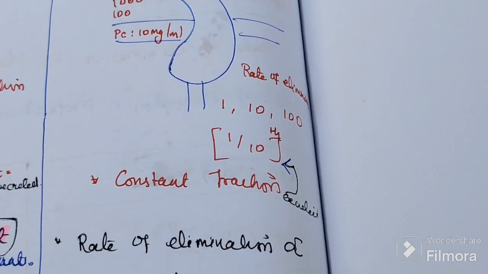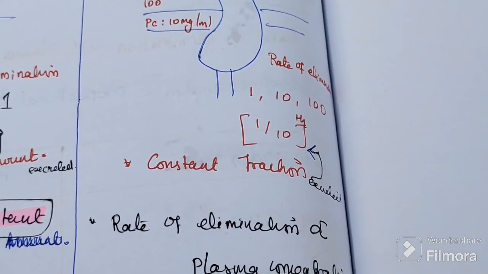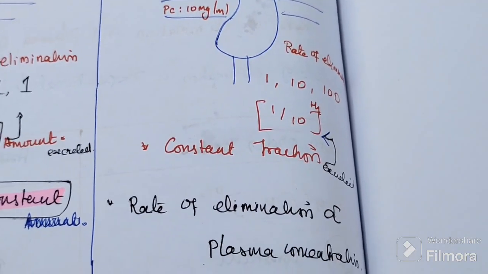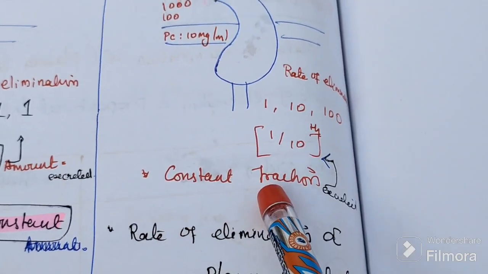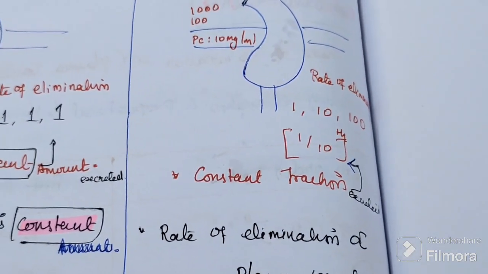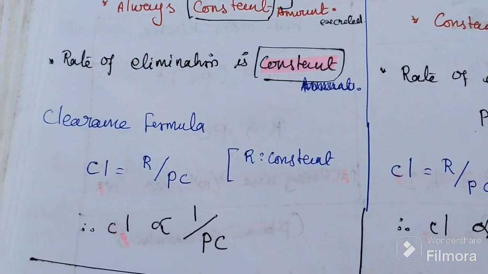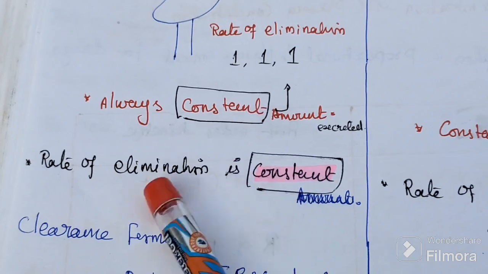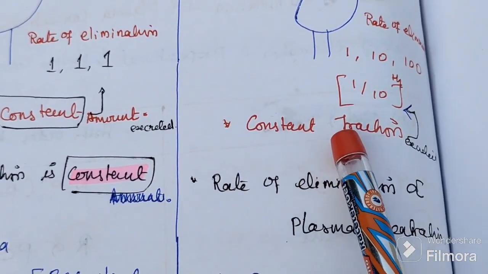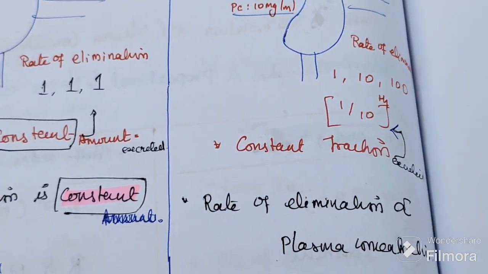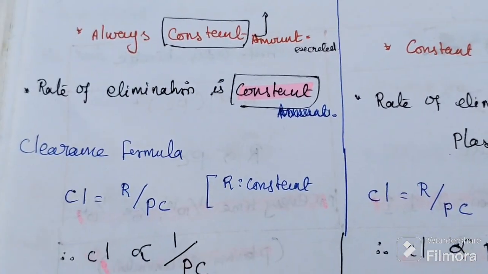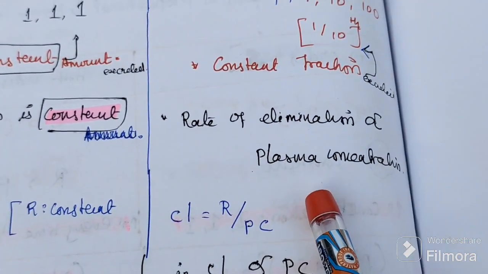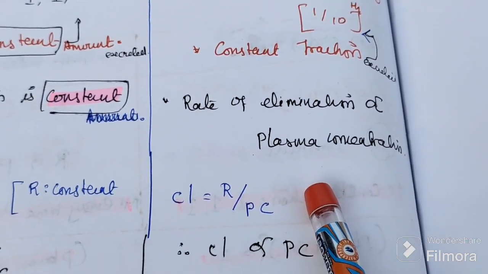So it is directly proportional. Every time 1/10 is excreted, so a constant fraction is excreted here. In zero order a constant amount is excreted, 1, 1, 1. Here the rate of elimination is constant, and here the rate of elimination is directly proportional to plasma concentration.